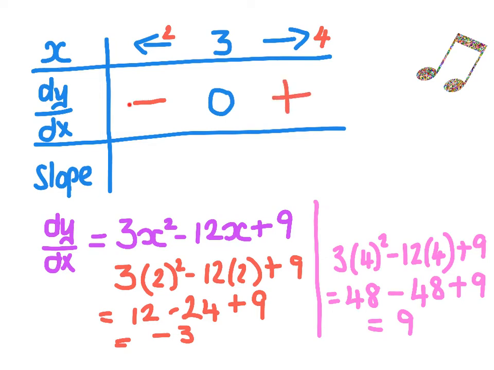So you see in my chart now I know that my stationary point is at 3, and a little bit before that I've got a decreasing curve, and a little bit afterwards I've got an increasing curve. So if I was to think about what the shape of this curve was going to be, I'd have a negative gradient, got a stationary point, and then I've got a positive gradient.